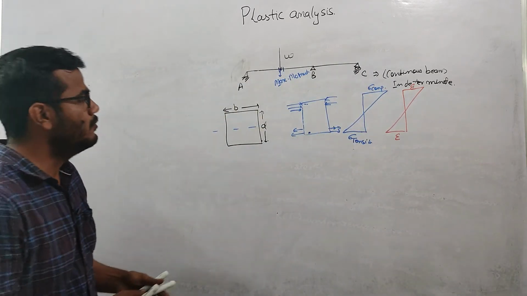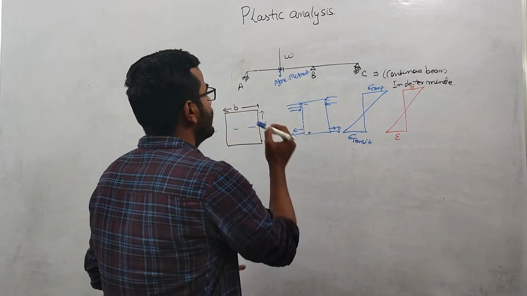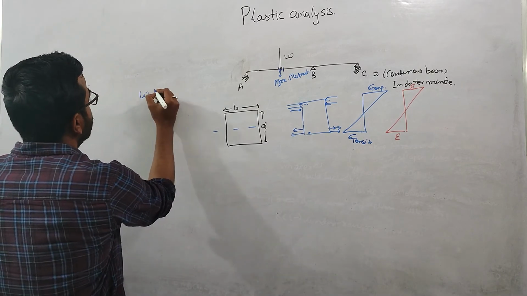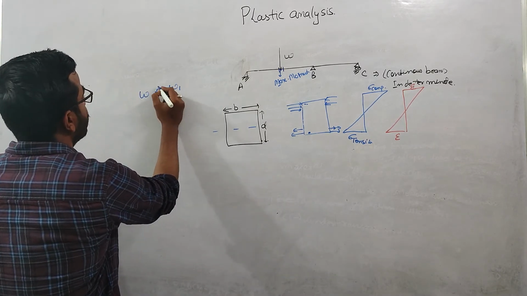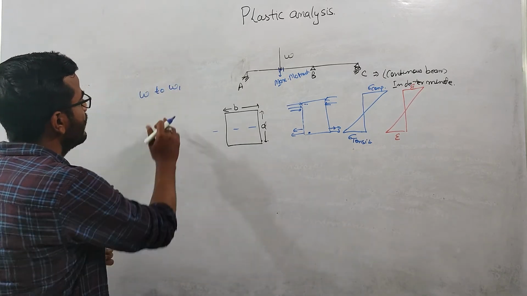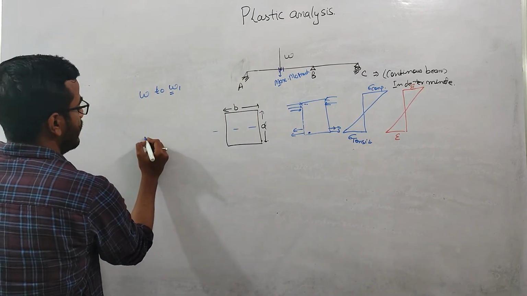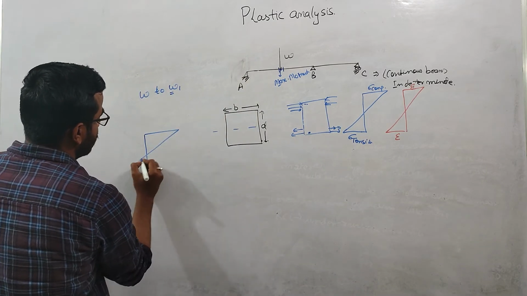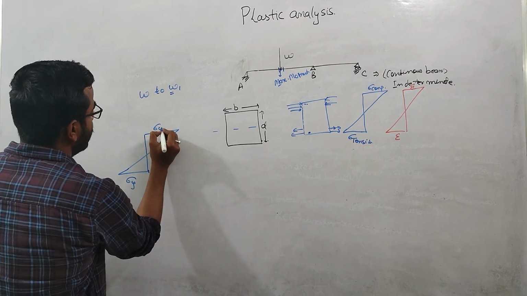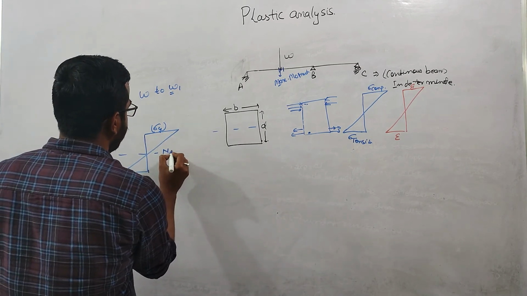So now, when the W load is applied on this beam, we increase this W load to W1. What happens when the W load is increased to W1? We are assuming that when it is increased to W1, this upper fiber will reach a value called sigma y, and this also yields at the same time, at sigma y, because this is symmetrical about our neutral axis.